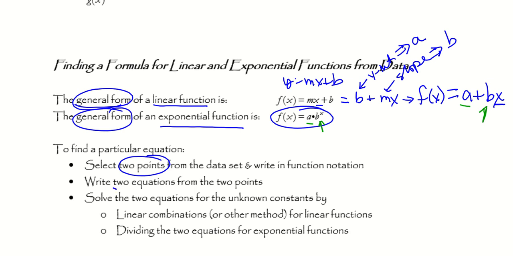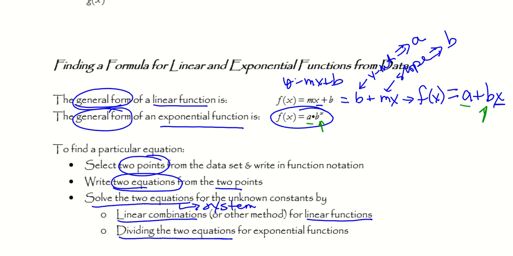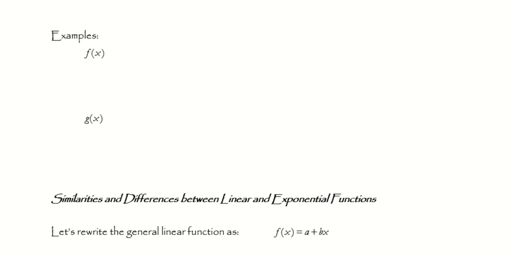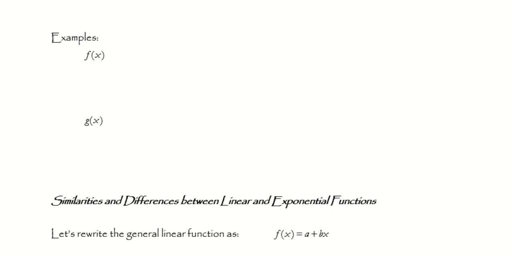Then we're going to write 2 equations from our 2 points, and then we're going to solve those 2 equations, which make up a system, either by linear combinations, if we have a linear function, or by dividing the 2 equations for exponential functions. I'll show you.